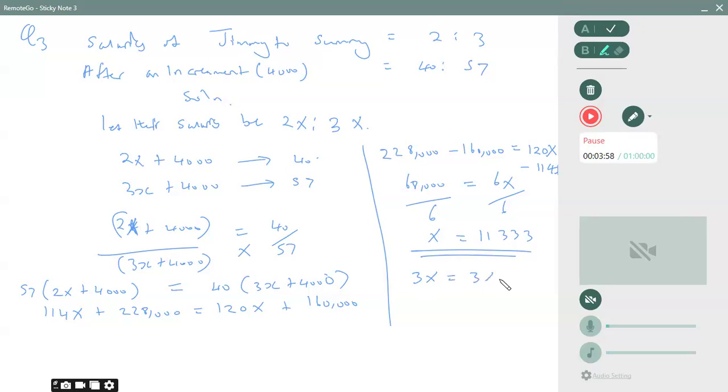That means it is 3 times 11,333.3. 68,000 divided by 6 is 11,333.3, then 3 times that.